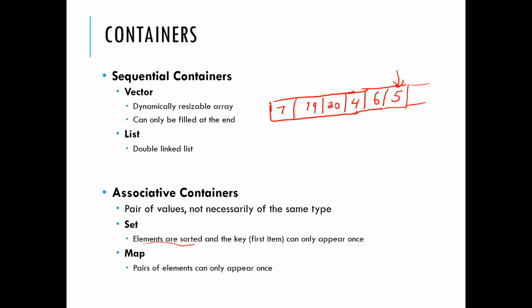And then there's a map, and a map would be something like what we had with our hash map. So I will get a pair of values here. 1, 2, 3, 4, 5 is the number, and then there might be some other element.